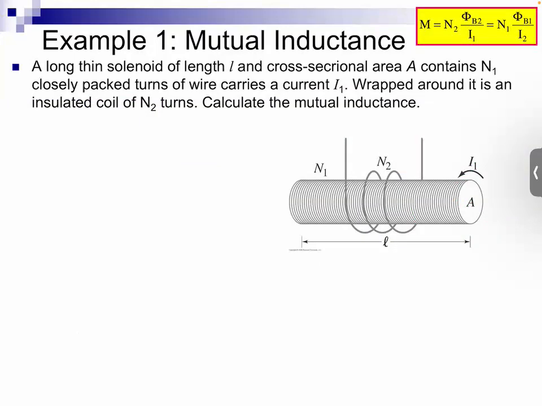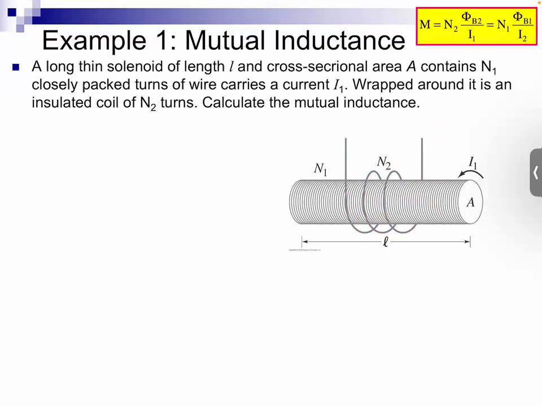Right, so let's see how we apply this equation, because mutual inductance has two forms. Either it's the current in coil 1 that produces flux in coil 2, or the current in coil 2 that produces flux in coil 1. So say in this scenario you have a long solenoid with length L and cross-sectional area A. This long solenoid contains N1 turns, and then a second wire is wrapped around the solenoid.